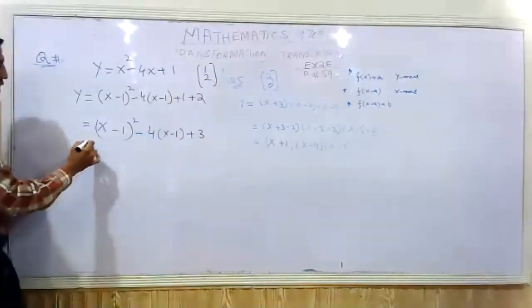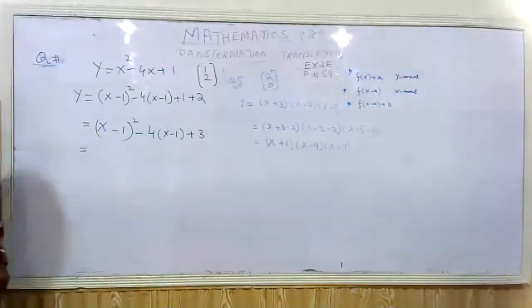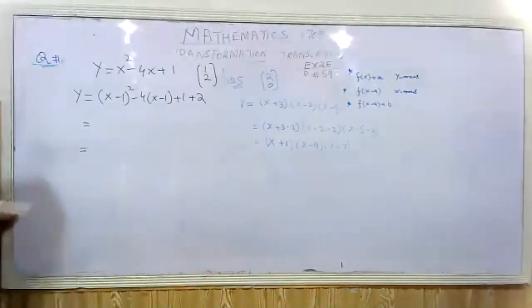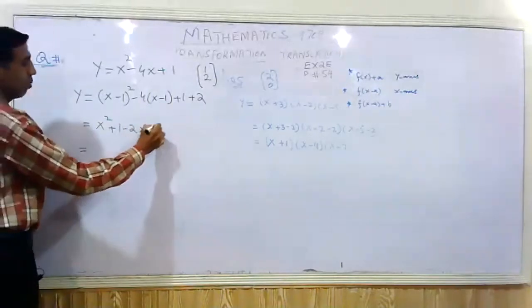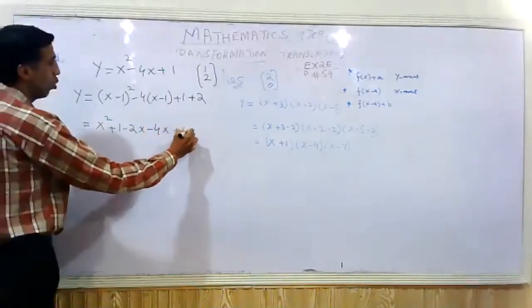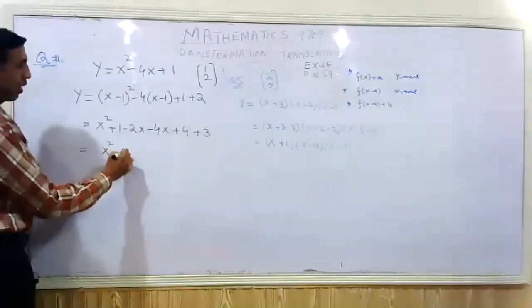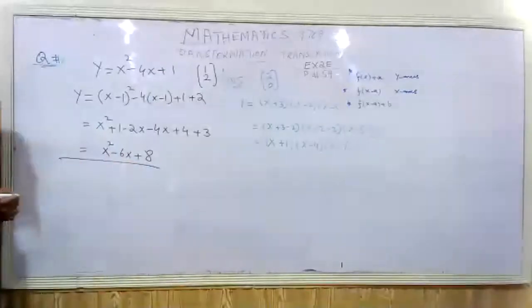Here I may simplify it. Open the bracket: x squared plus 1 minus 2x minus 4x plus 4 plus 3. The resulting equation would be x squared minus 6x plus 8.